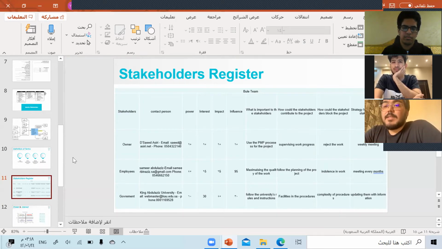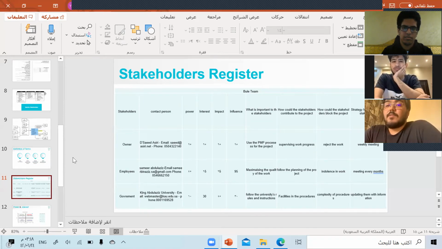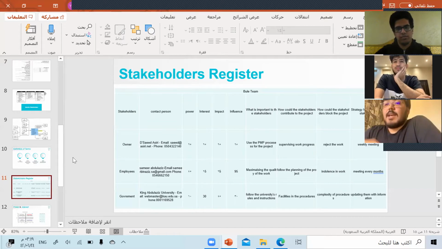All the information about the stakeholders is in the second column. After that, we have the power, interest, impact, and influence of the stakeholders. For example, the owner has the highest power because he can make any decision about the project.